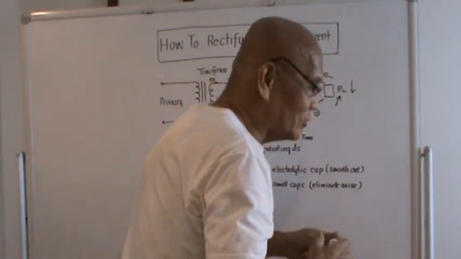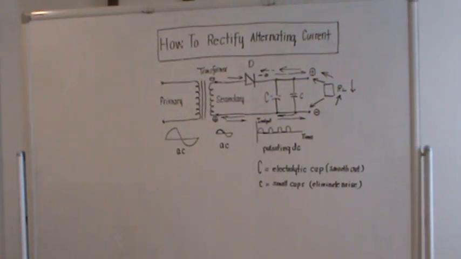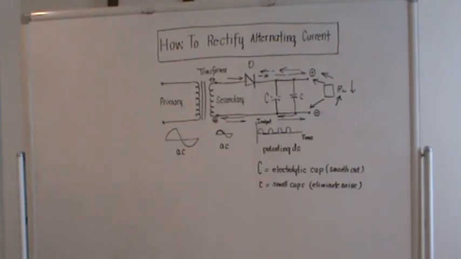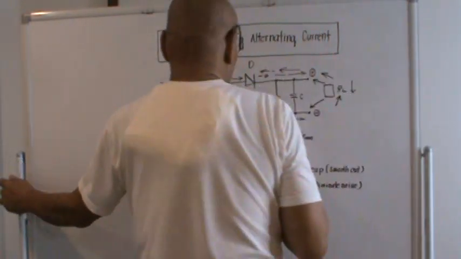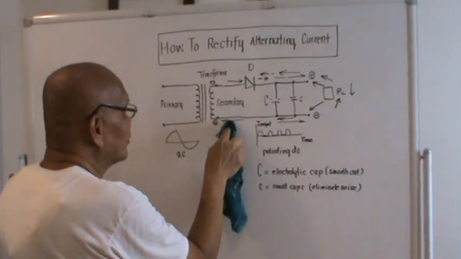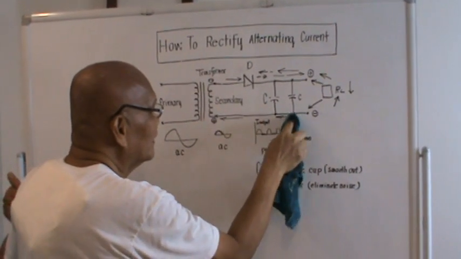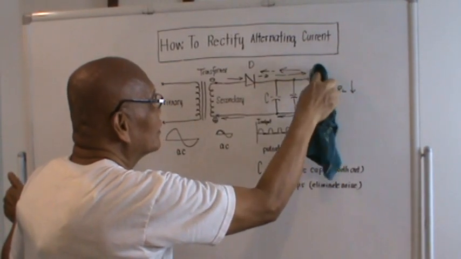Okay, I will try to get my eraser. Okay, I will try to erase the second one, the negative alternation arrow.